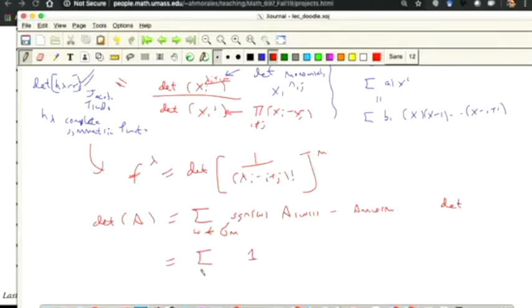Do you know what happens if we replace the sign of the permutation by 1? Here this sum is no longer alternating. Do you know what this is called? This is called the permanent of a matrix. In general, they're quite hard to compute because in some sense there's no cancellation to help us out.